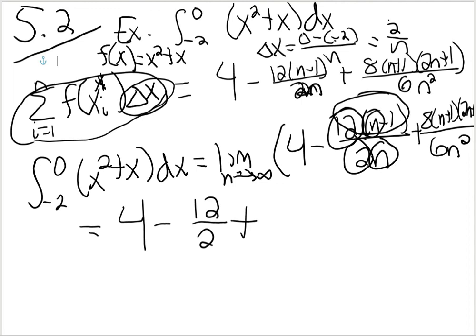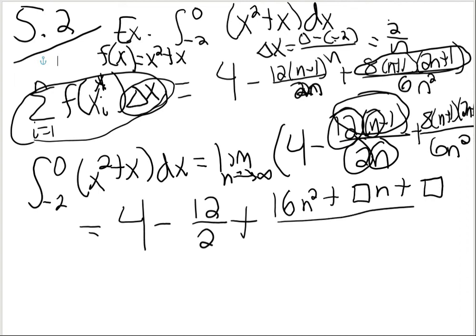And then plus, when you multiply this thing out, there will be a 16 n squared plus some other terms of lower power, something n plus something, all over 6n squared. So as n goes to infinity, what do we get?